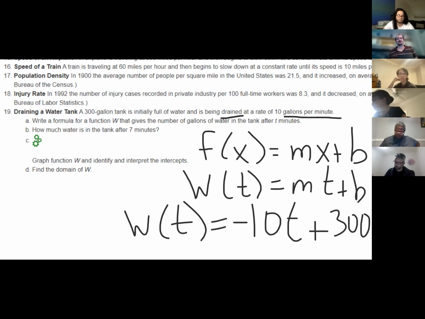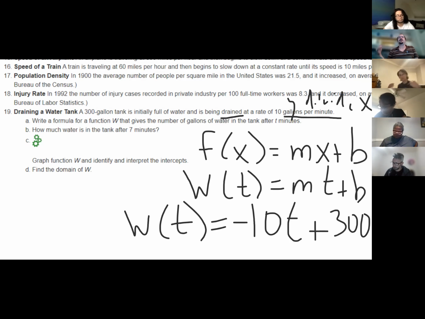It says gallons per minute. What does that mean? That indicates the rate of change if you say per. But what does that word per mean mathematically? It's divide. You're dividing your y's by your x's.